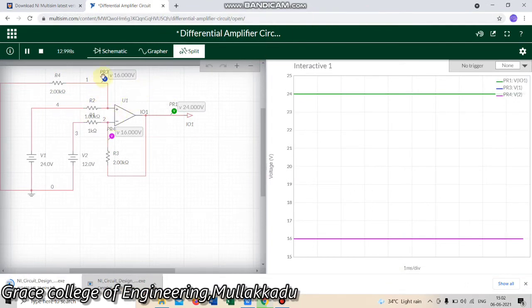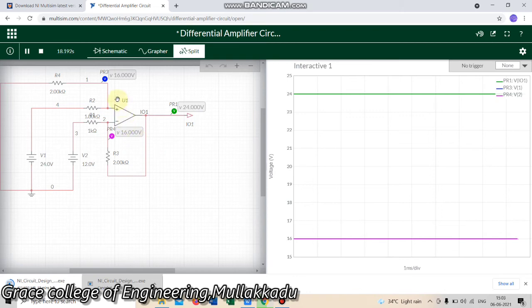See that the two inputs we are giving here are 16 volt and 16 volt. Then the output we obtained in this circuit is 24. We have already seen the formula in the common mode: Vc equal to (V1 plus V2) by 2.